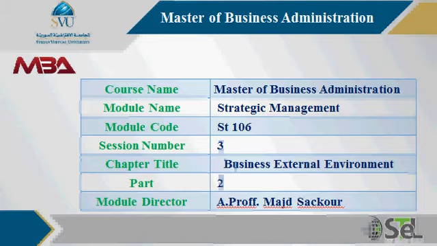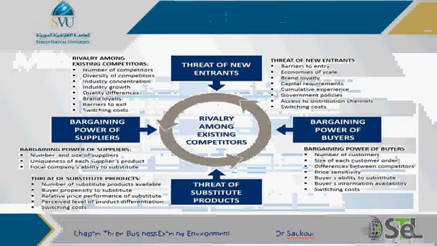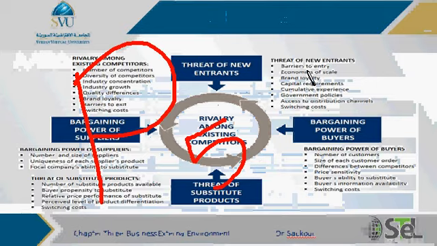So as we finish our first part, we end that part with Porter 5 forces. Don't forget at all, Porter 5 forces at the micro level of your business sector.